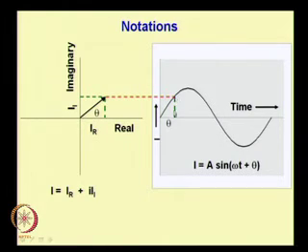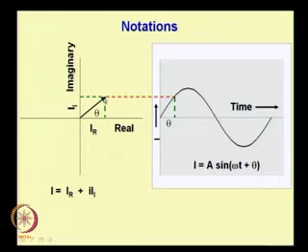Even though this is the time axis, we can associate theta with it, so this could be 0, pi by 2, pi, 3 pi by 2 and 2 pi. Using omega t, we can convert this to a theta axis also. The horizontal component of this vector we would then call I real, and this would be I imaginary.